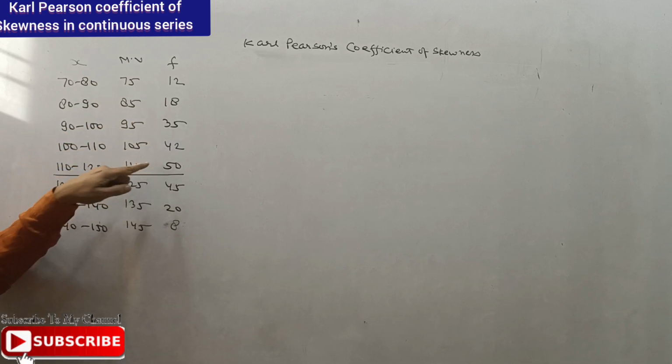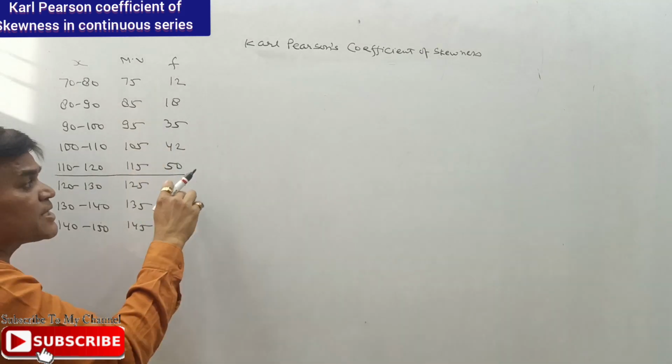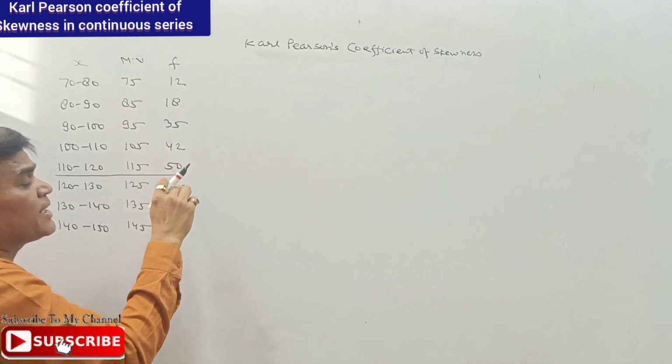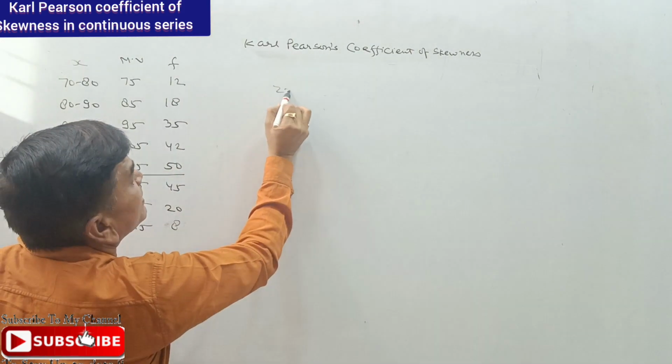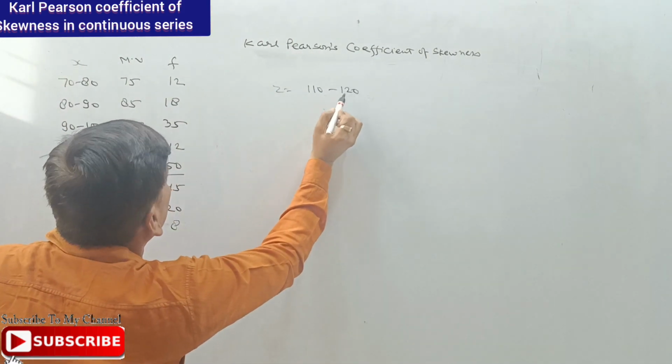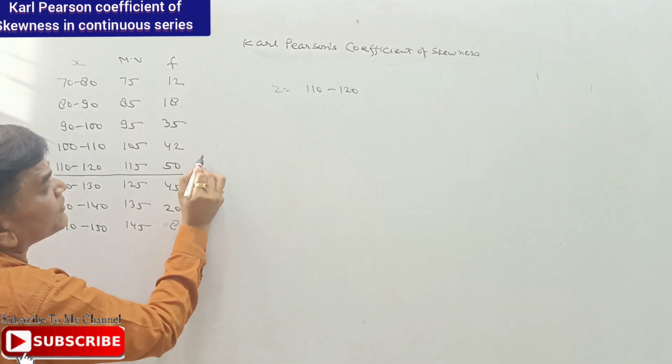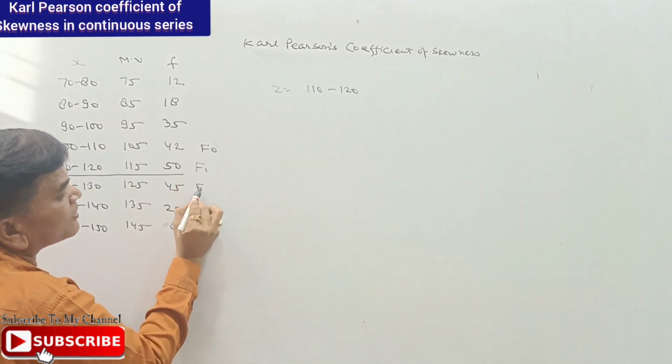This is the highest frequency and the concentration of frequency is also higher in this area. So our modal value, our Z value, will lie in 110 to 120. So this will be our f1, this will be f0, and this will be f2.